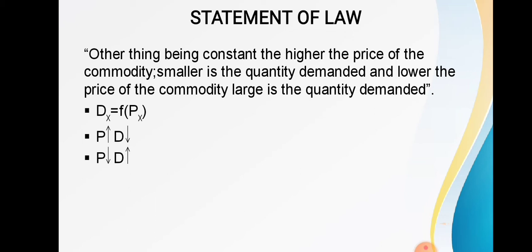This law also explains that the relationship between price and demand is inverse, because a larger quantity is demanded when the price falls and a smaller quantity is demanded when the price rises. The law of demand is explained with the help of the following diagram and the schedule.